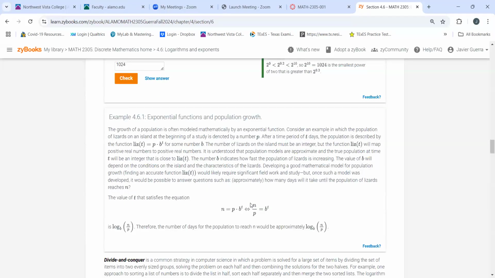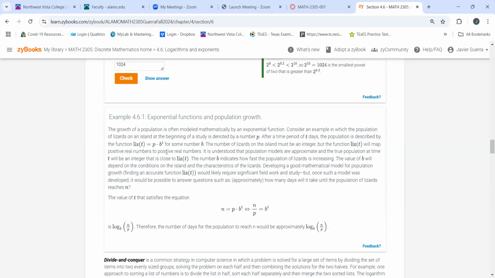So the growth of population is often modeled mathematically by an exponential function. We consider examples in which the population of lizards on an island at the beginning of a study is denoted by a number p. After a time period of t days, the population is described by the function liz of t equals p times b to the t for some number b.